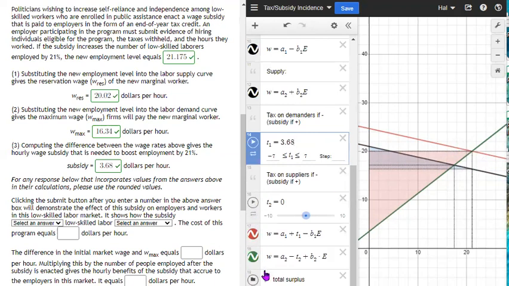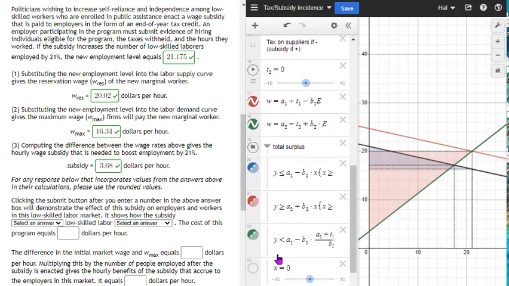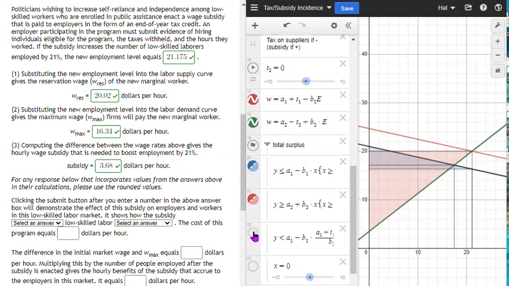If I turn this back on, I can turn off and turn on the surplus, right? This is the worker surplus, right? And this is the firm surplus, correct?